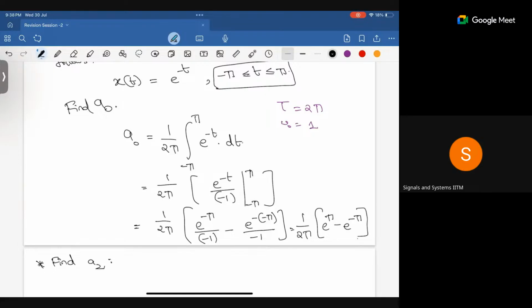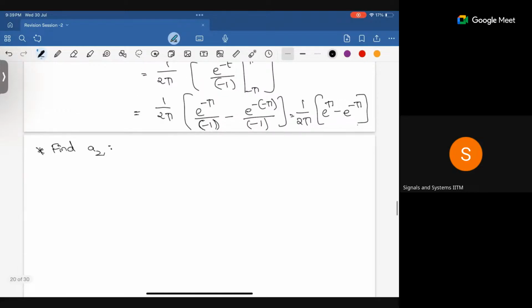That will be a naught. Yeah, so something like that. I think you got a sign reversed. It will be e power 2 pi minus 1 divided by 2 pi e power pi. Okay, just cross check. I think you missed this minus 1 in the denominator. You would have taken plus 1.